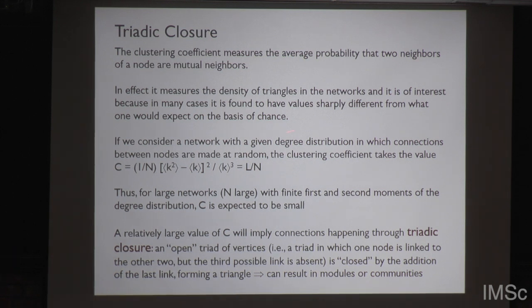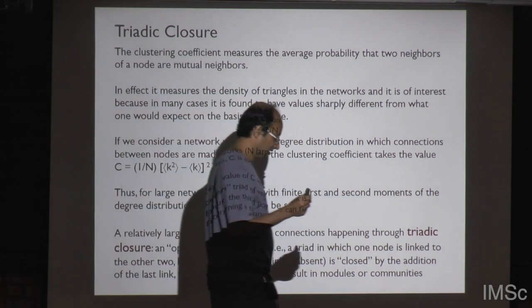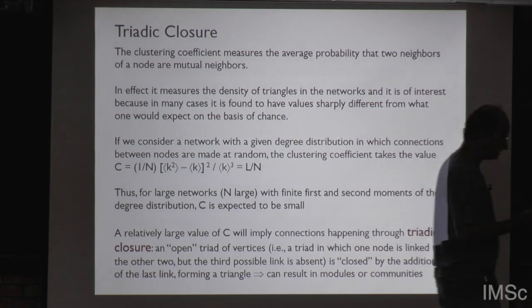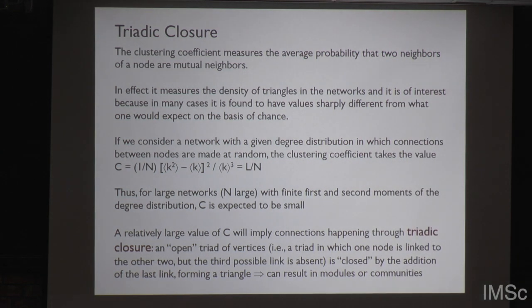Clustering is also connected to this concept of triadic closure, which essentially says that if two nodes are connected with a third node, what is the likelihood that they actually have a connection between them?